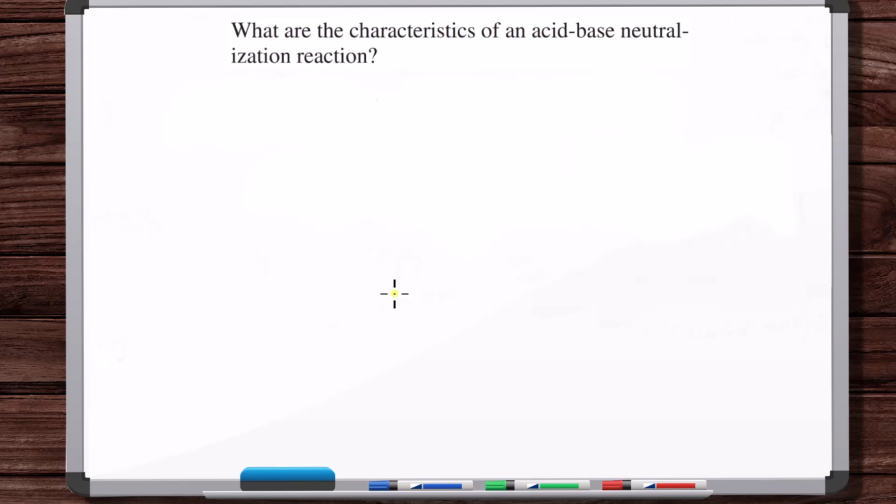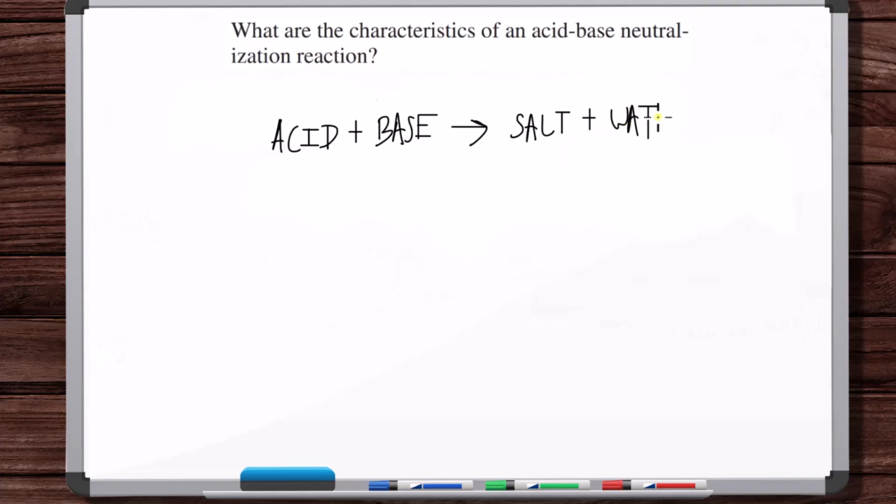So with an acid-base neutralization reaction, the main characteristics are that you've got an acid and a base, these two aqueous solutions mixed together, and what results is a salt and water.